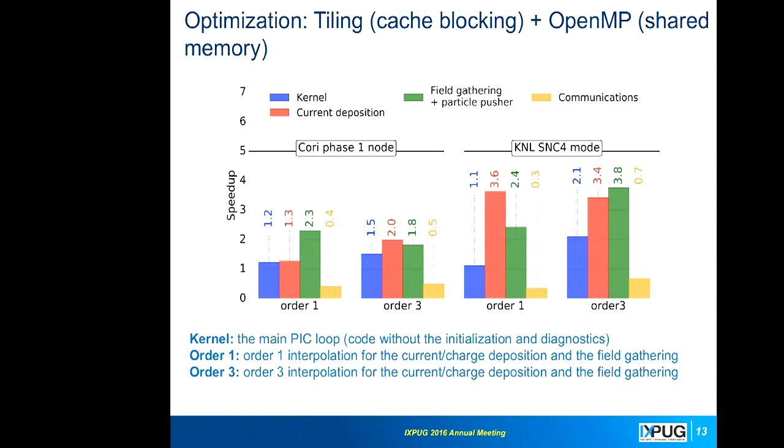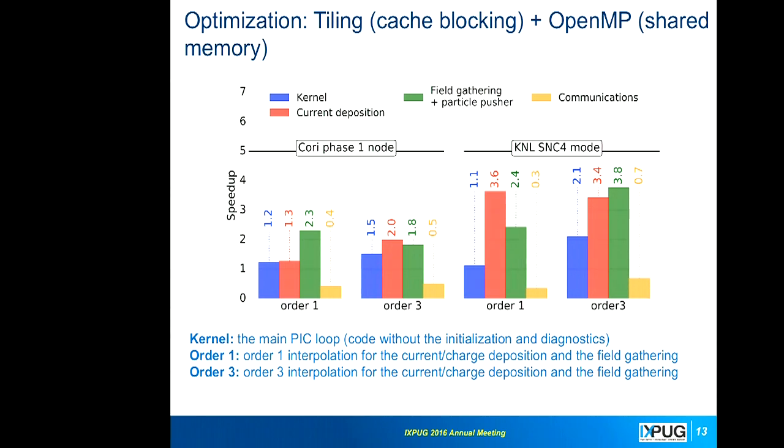So here are the results for the tiling plus OpenMP. On this figure, for the ordinate, we have the speedup. We can divide the figure into 2 parts: a first part for Curie phase 1 and a second part for KNL. Then each part can be divided into 2 subparts: a first for order 1 interpolation and a second for order 3 interpolation.